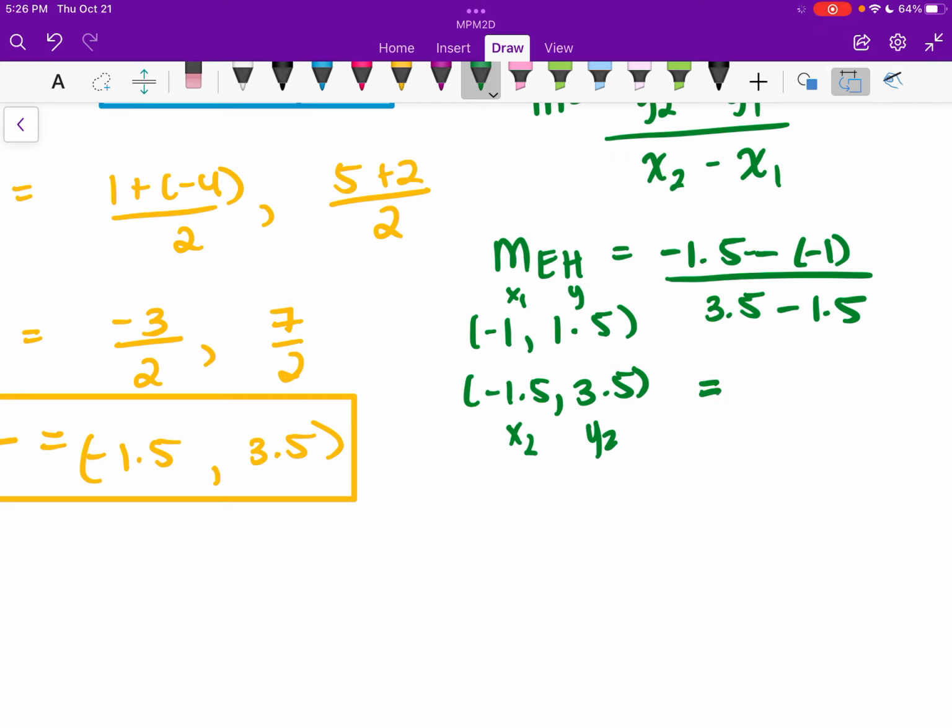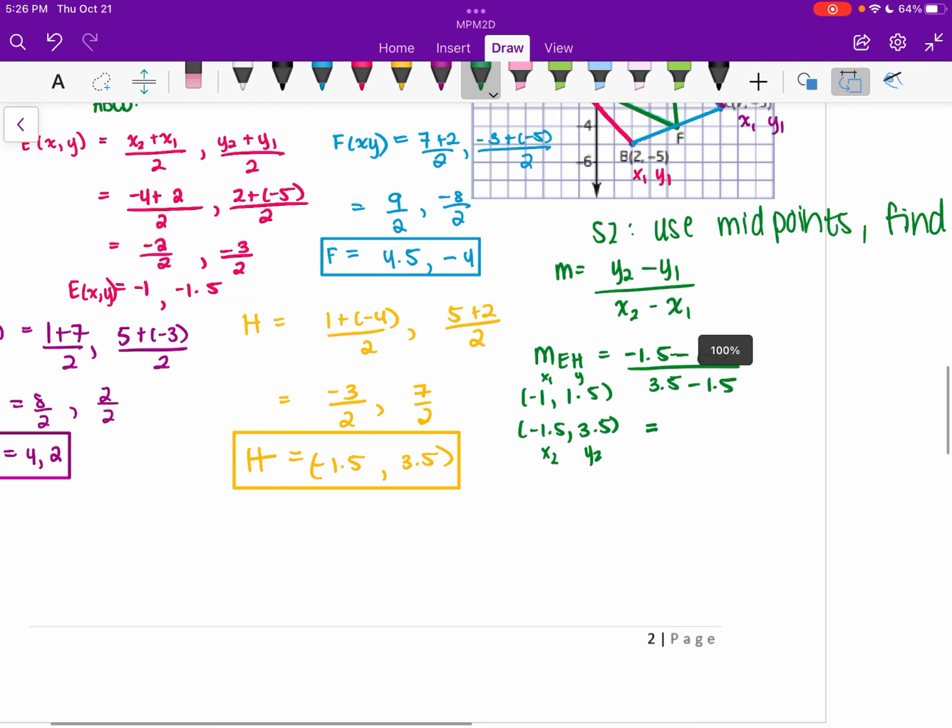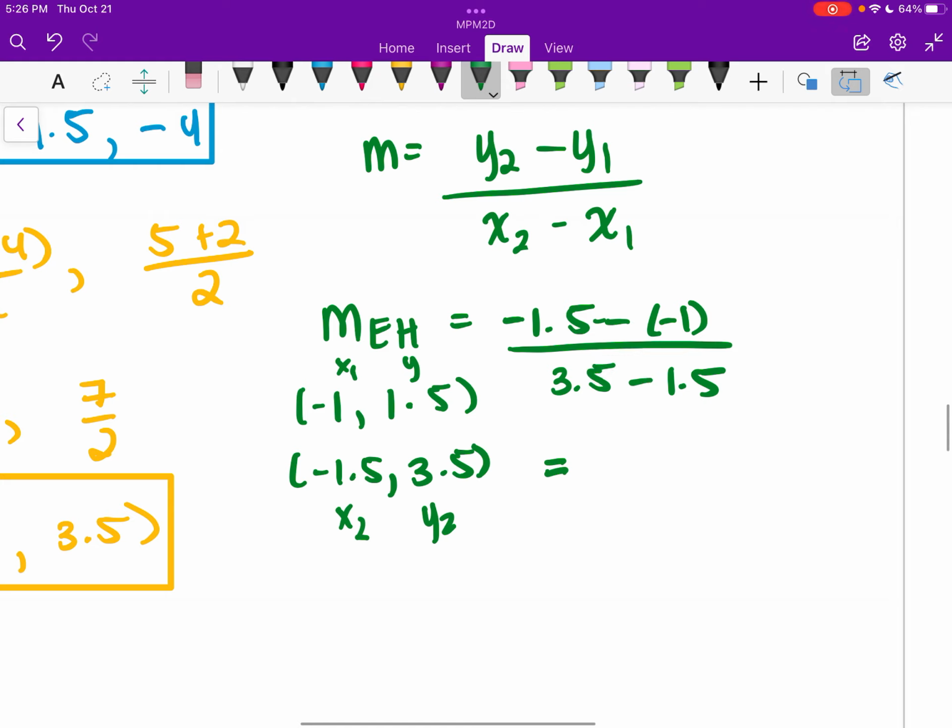If I went and did that math, negative 1.5 minus negative 1 is going to give me 0.5. E was negative 1, 1.5. H is negative 1.5 and 3.5.